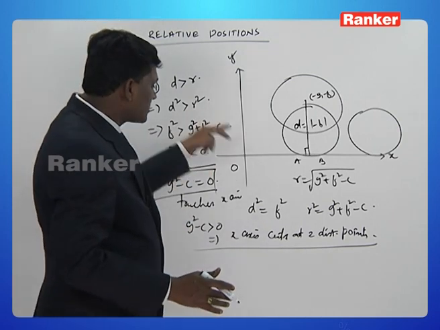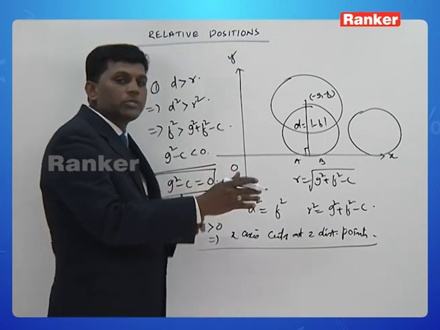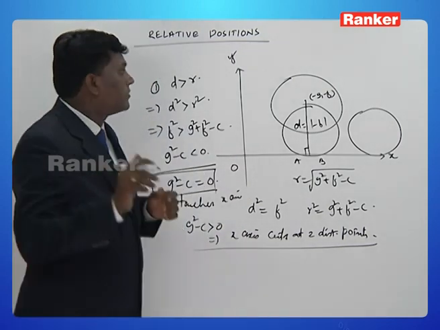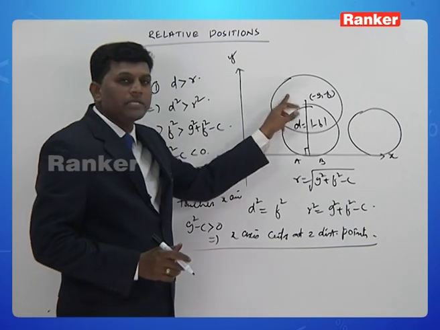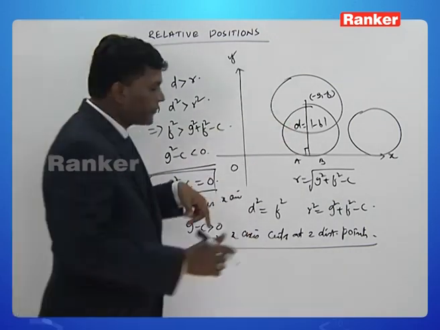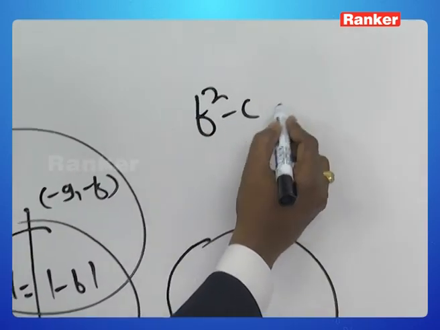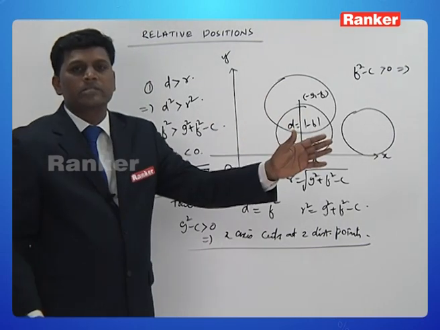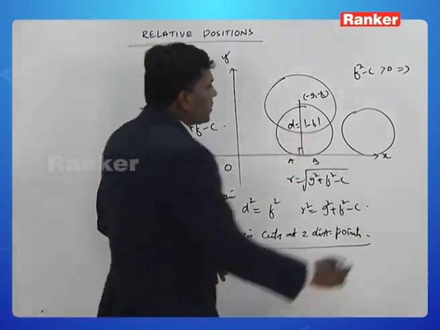In a very similar way, we can analyze the relative position of a circle with respect to the y-axis also. One can guess very comfortably the relative position of a circle with respect to the y-axis in this similar way. If f square minus c is greater than 0, the y-axis cuts the circle in two distinct points.